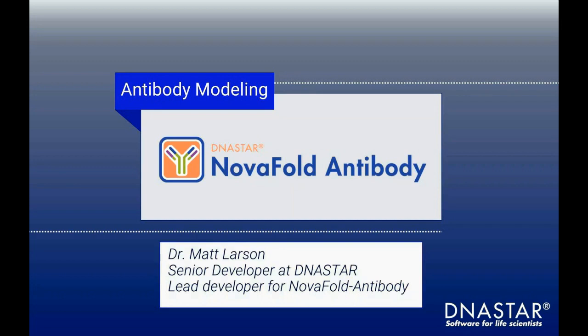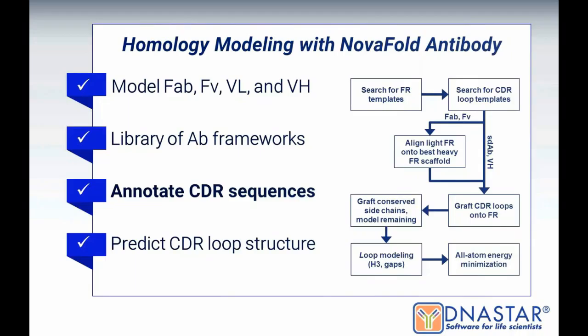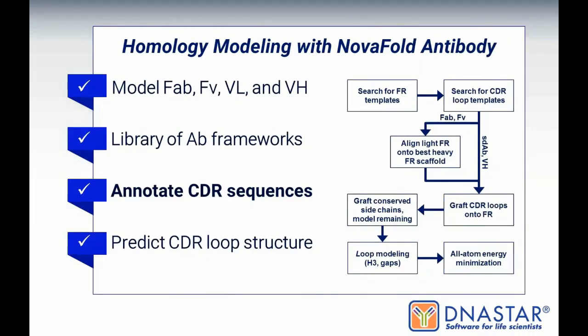All right. In addition to the general structure prediction software NovaFold that we were just discussing, in the last 2 years, we also released NovaFold Antibody, which is a specialized program for multiple chain antibody structure prediction. NovaFold Antibody can start from amino acid sequences and predict the Fab, Fc, light and heavy chain structures.